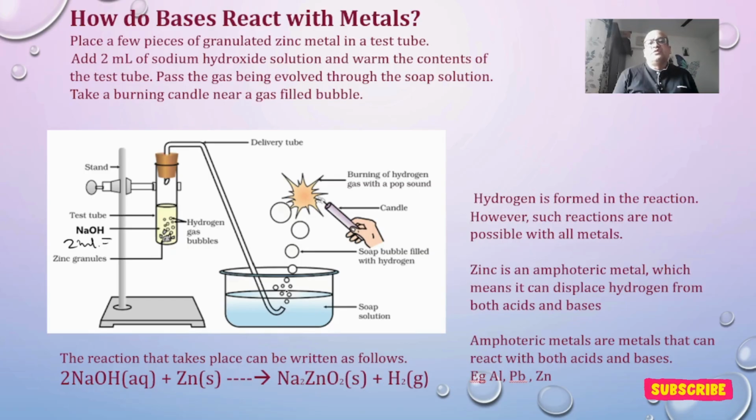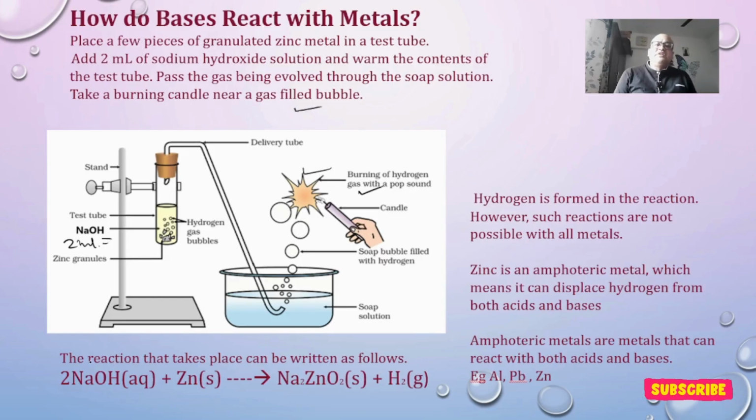Here you see the soap bubbles are coming, and we are testing these bubbles with a candle, and you'll see the burning of hydrogen gas with a pop sound. Pass the gas being evolved through the soap solution, taking a burning candle near the gas-filled bubble.